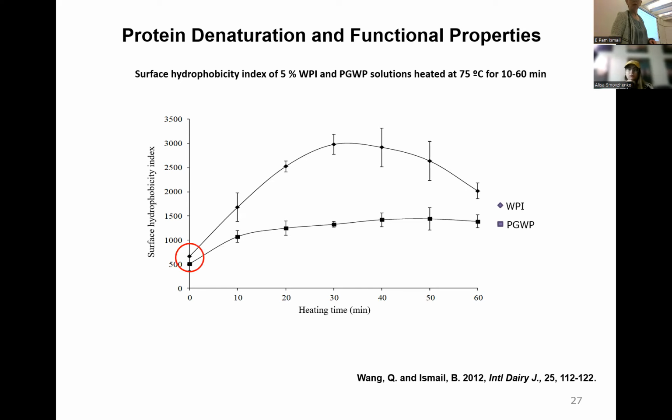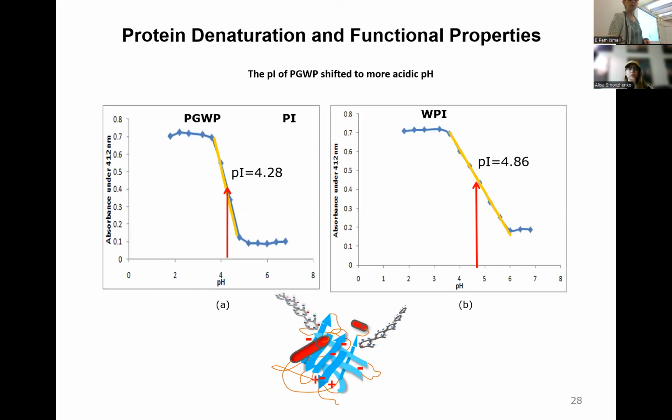And another thing we looked at is we actually measured the isoelectric point, and we saw a shift. The isoelectric point of the glycated protein shifted to a lower pI. Why? Because when you glycate, it's a Maillard-induced reaction, so the carbohydrate is reacting with an amine group.